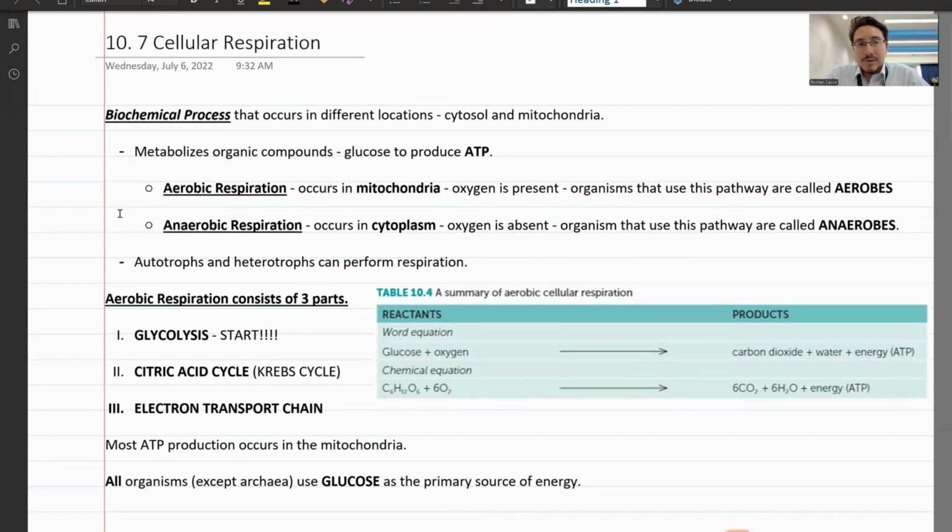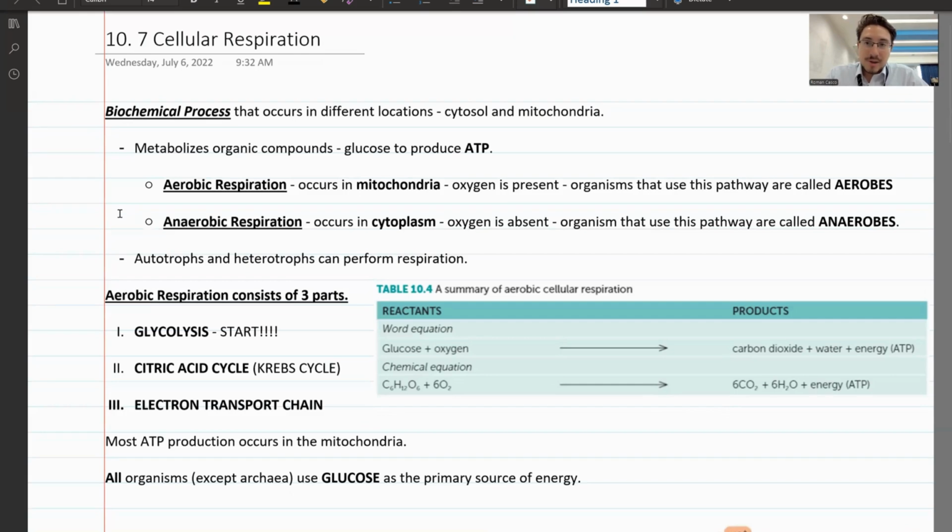In the previous video, you were looking at another process, an anabolic chemical reaction, a series of chemical reactions, which is photosynthesis. In that video, you saw how plants, or autotrophs, collect carbon dioxide, sunlight, and water through a series of light-dependent and light-independent reactions to essentially produce glucose and oxygen, in different areas of the cell, with different structures and so forth.